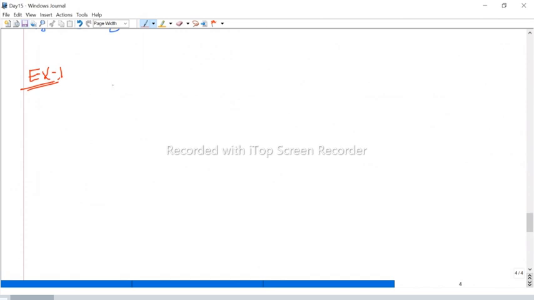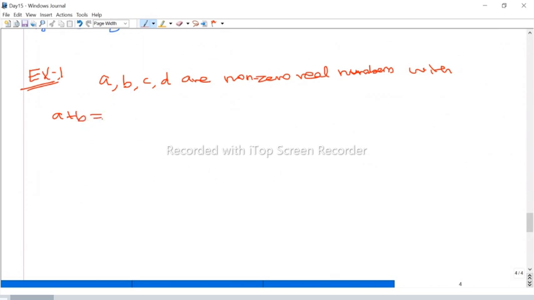Suppose A, B, C, D are non-zero real numbers, with the condition that A plus B should be equal to C plus D. These four numbers satisfy this condition.